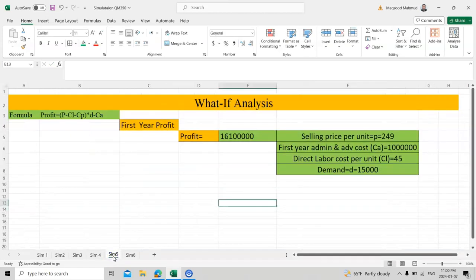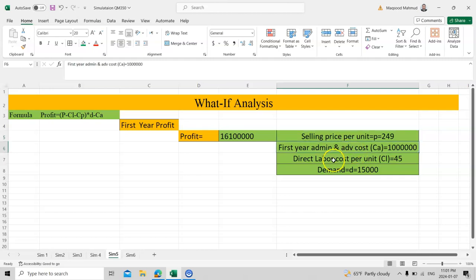Now, what-if analysis. We have the formula for profit, which is (P minus CL minus CP) multiplied by D minus CA, right? So what is P? P is the selling price per unit, let's suppose 249. Then we have CA, which is approximately 1 million.